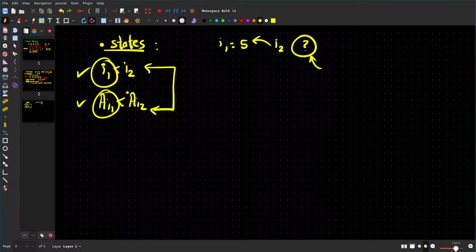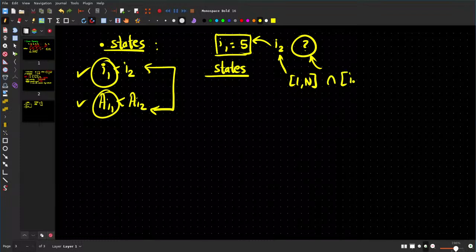Hence, you don't need to store both of these values because A of I1 is derived from I1 only. So even if you just store this index, which was the previously chosen index, in the state, then from that you can easily say that, let's say we know that I2 can take values between 1 and n, but it can only take values from I1 plus 1 to n, because this constraint is to be followed.